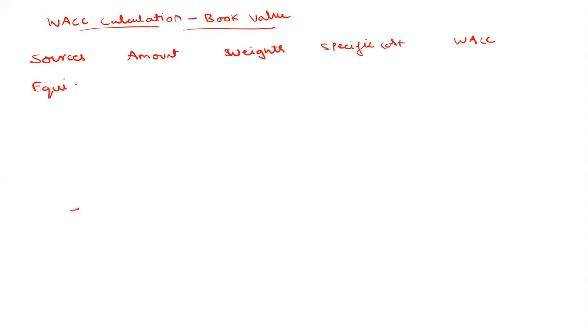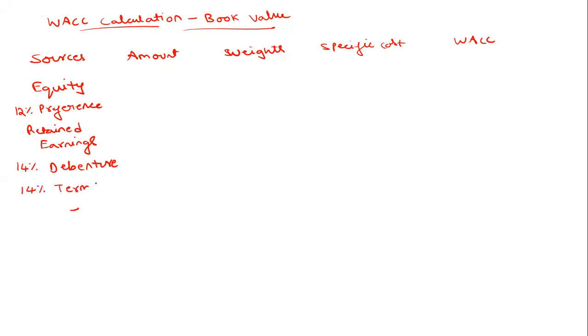Equity ಇದೆ, and then 12% preference share ಇದೆ, retained earnings ಇದೆ, and then 14% debenture, and lastly 14% term loan.